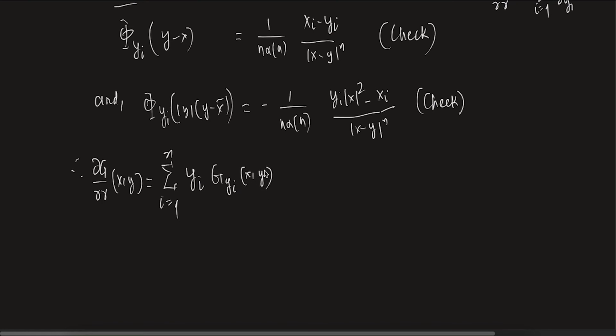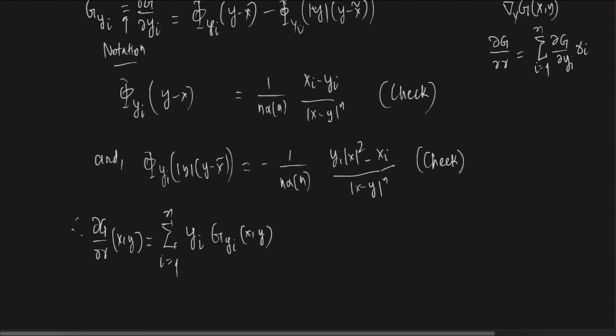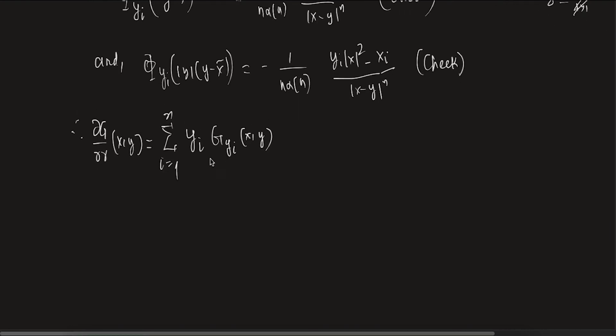Now, I don't think you are wondering why yi is there. What is gamma? This is ∂G/∂yi at γi. Gamma is the unit outward normal on the ball, so basically this is y by the modulus of y, and the modulus of y is 1 here, so that is not there. So gamma is y, and gamma i is yi. That is why it's yi. This is the unit outward normal at the point y in the unit ball.